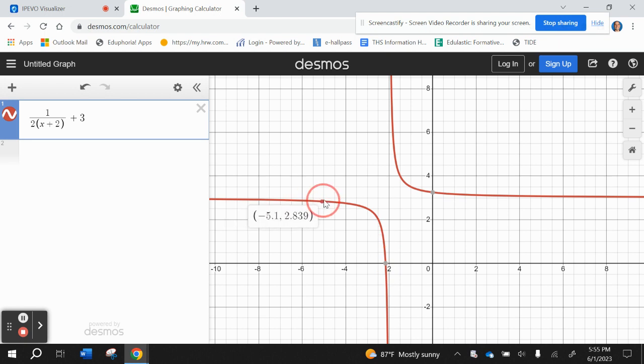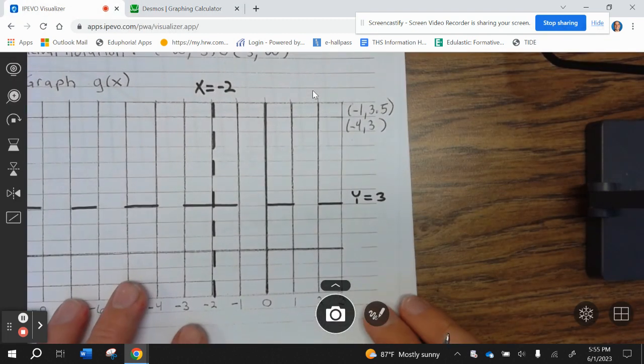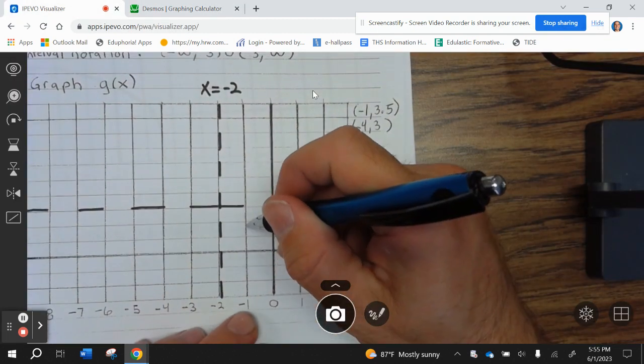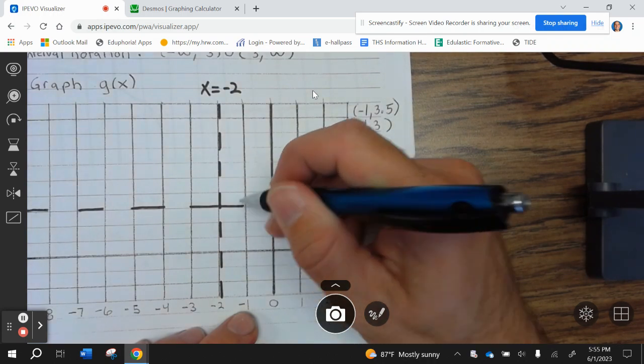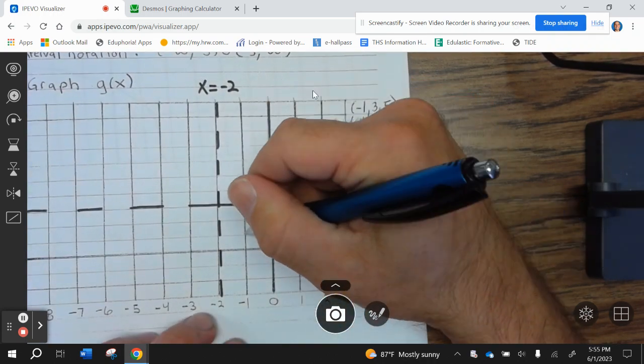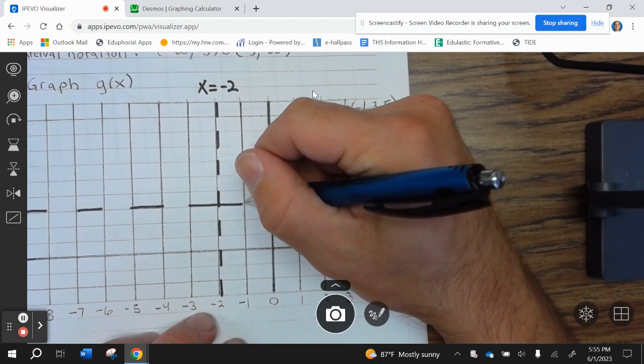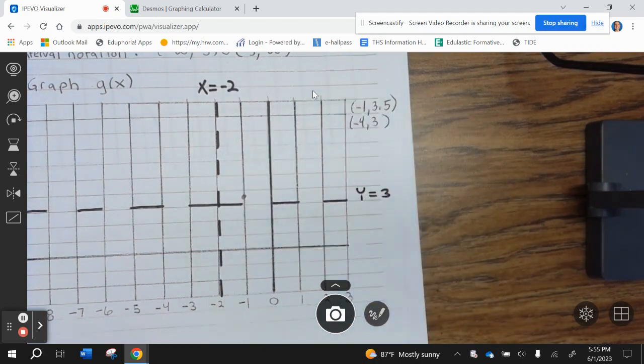That looks like a rough decimal, so we can see if we can find another. Now, -4, 2.75, we can round that to a 3, so let's call that -4, 3. Okay, so we'll use that point. Okay, so -1, 1, 2, 3.5 is right there.